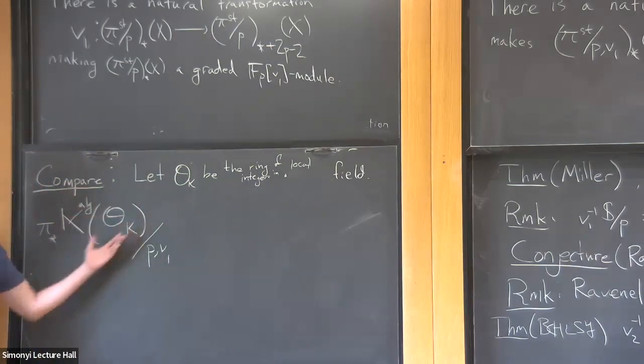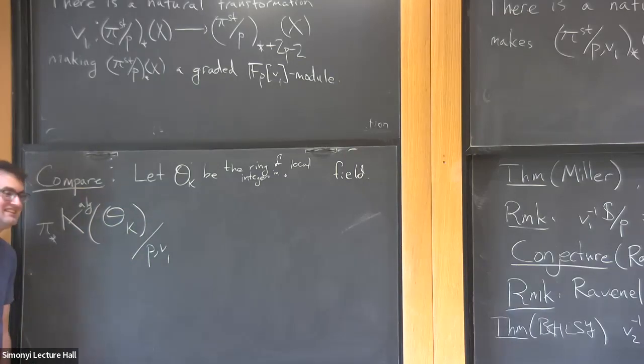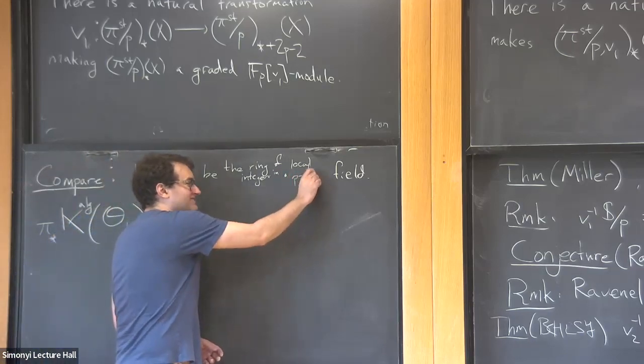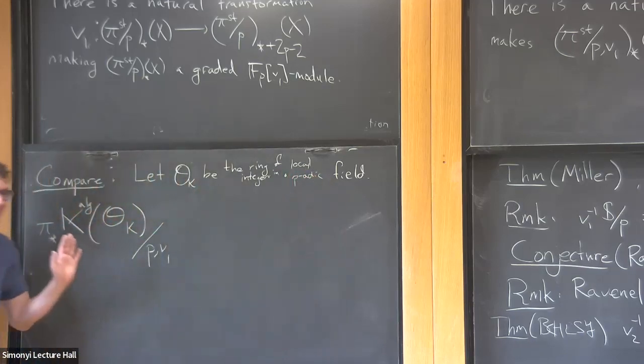But I can compute the algebraic K theory of this thing, and I can mod out by P V1. But you exclude the equal characteristic. It's a local field or it's ZP. Is the P the same as the denominator?